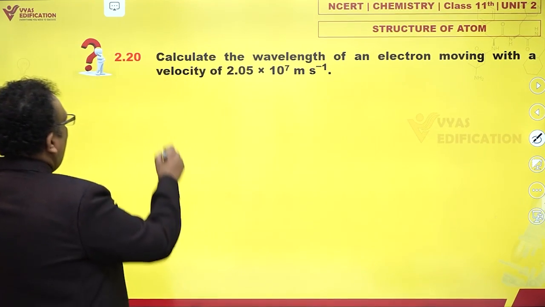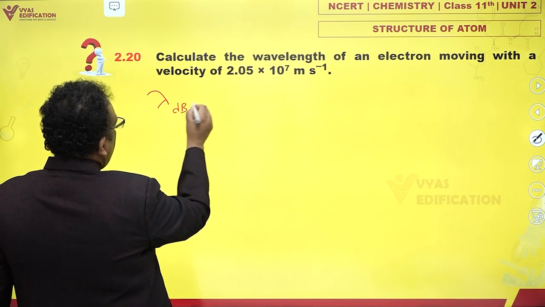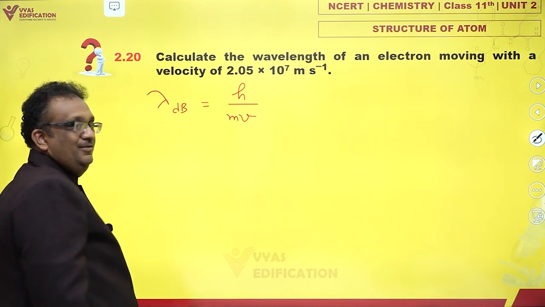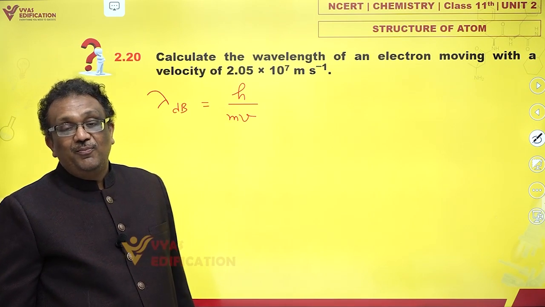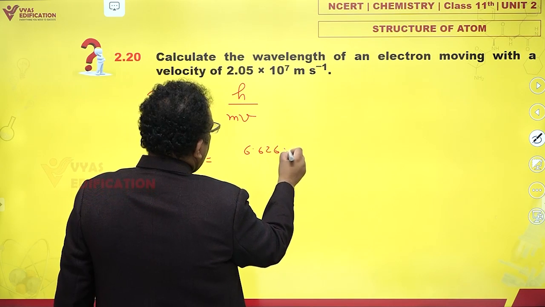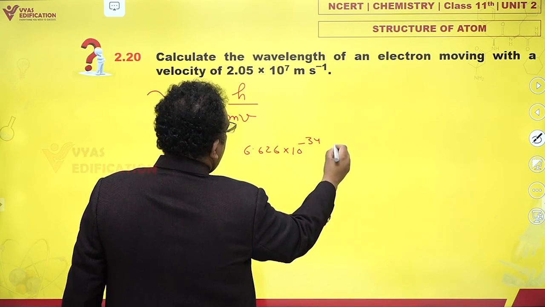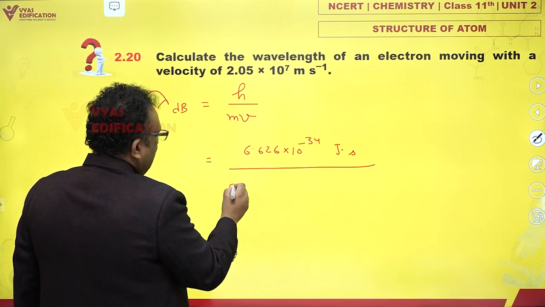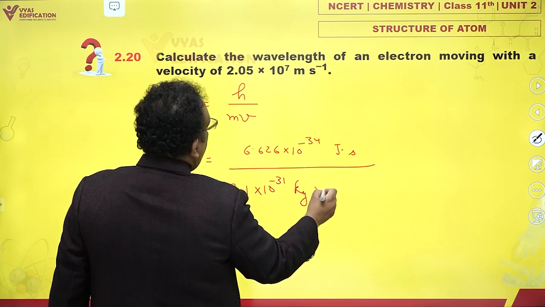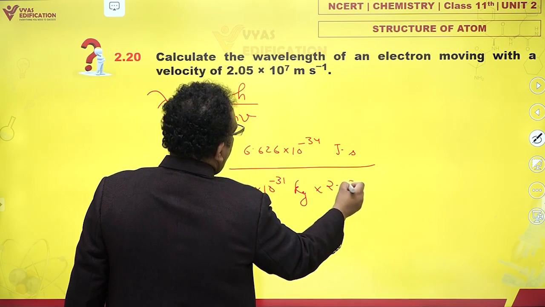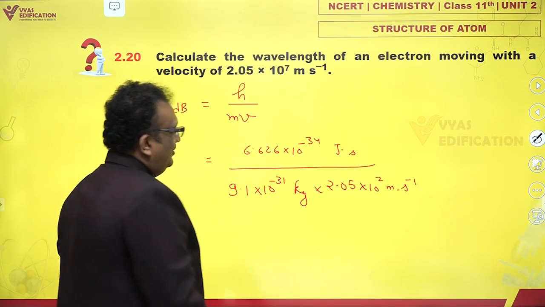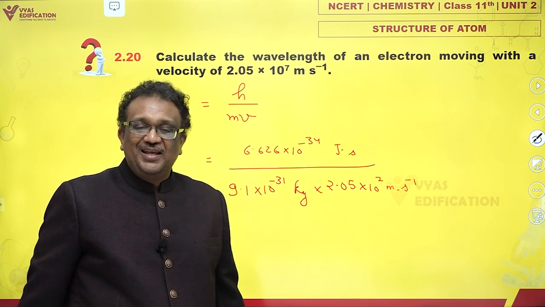Well, lambda de Broglie is h upon mv. This is de Broglie's formula. And what is this? h is 6.626 into 10 raised to minus 34 joule second by mass 9.1 into 10 raised to minus 31 kg into velocity 2.05 into 10 raised to 7 meters per second. As lovely as it gets.